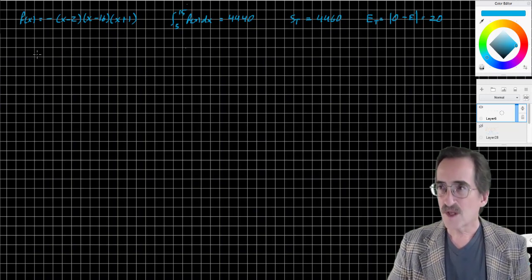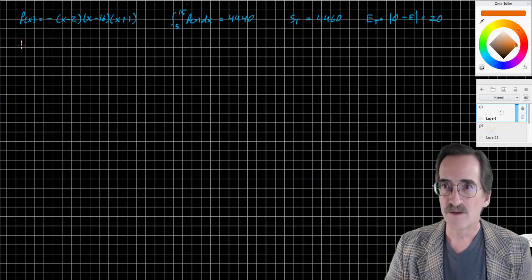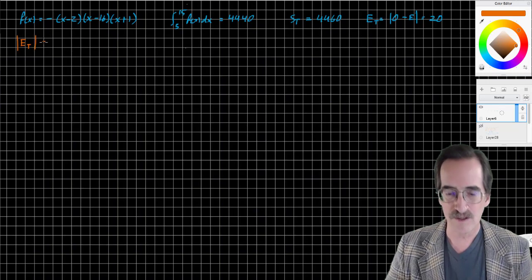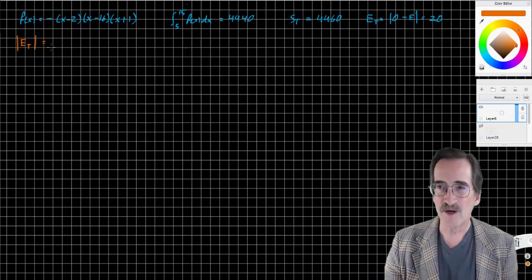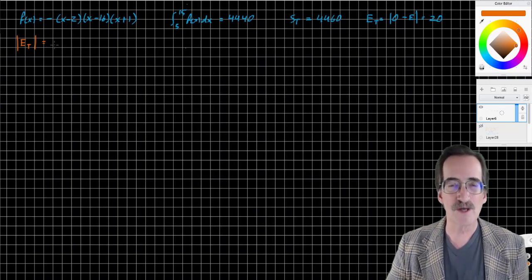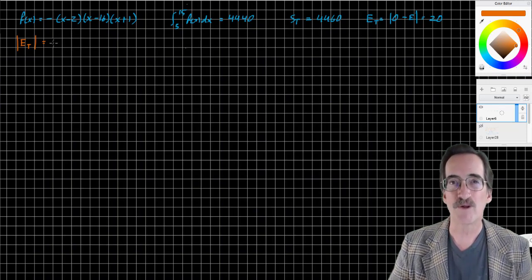Well, there's a formula for that, and here it is. The absolute value of the error of the trapezoid method is, and I do not have this memorized, and my thought is that if you get a question on this on the AP test, they will probably give you the formula.